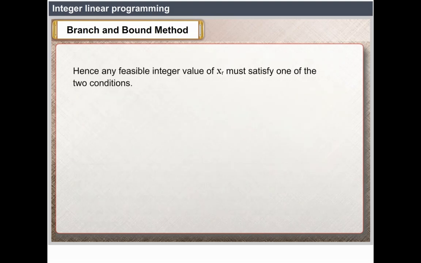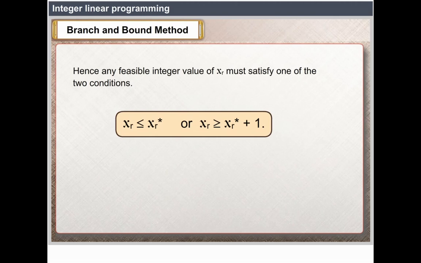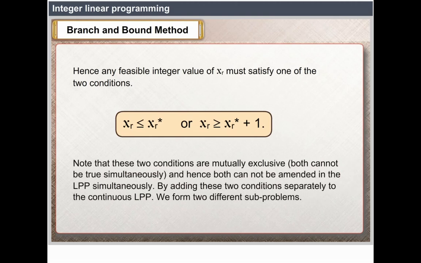Hence, any feasible integer value of xr must satisfy one of the two conditions: xr less than or equal to xr star, or xr greater than or equal to xr star plus 1. Note that these two conditions are mutually exclusive. Both cannot be true simultaneously, and hence both cannot be added to the LPP simultaneously.